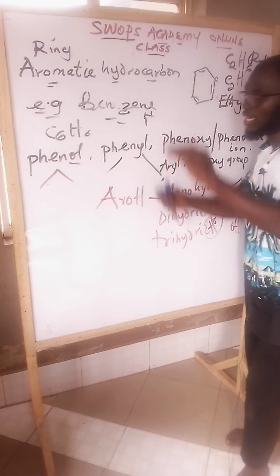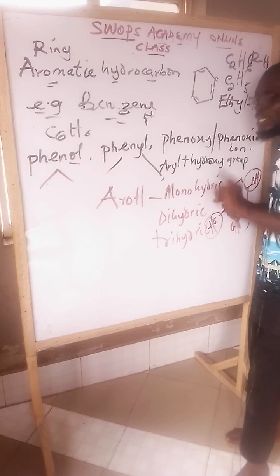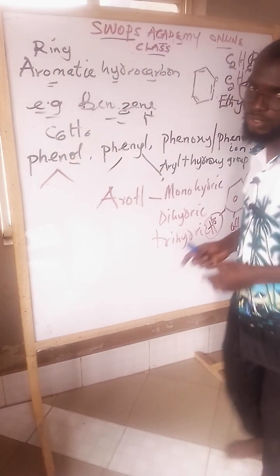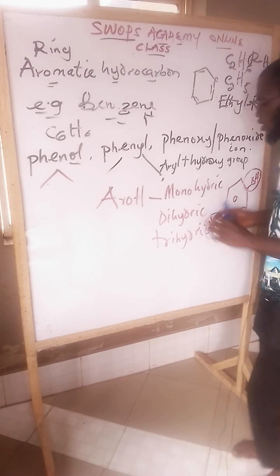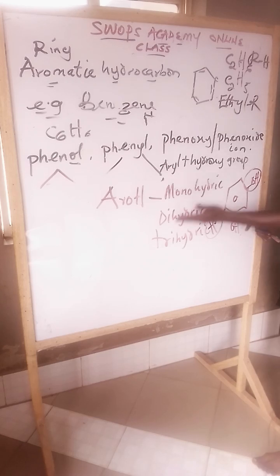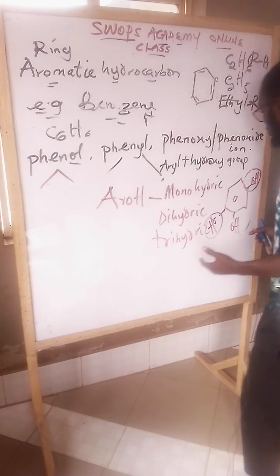So if they ask you to classify phenol, it can be monohydric, meaning it has one hydroxy group attached to the benzene structure. Then the addition of two hydroxy groups attached to a benzene structure is called dihydric. Then the addition of three is trihydric. More than that, it is polyhydric in nature. Are we together?